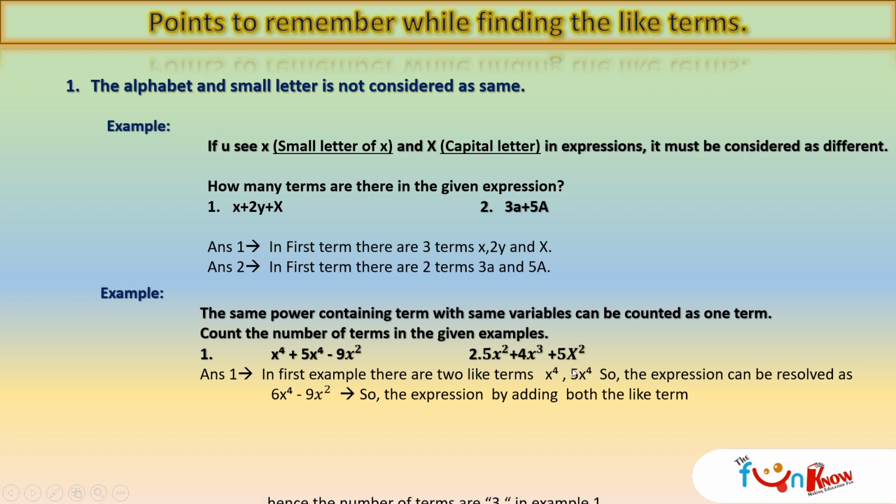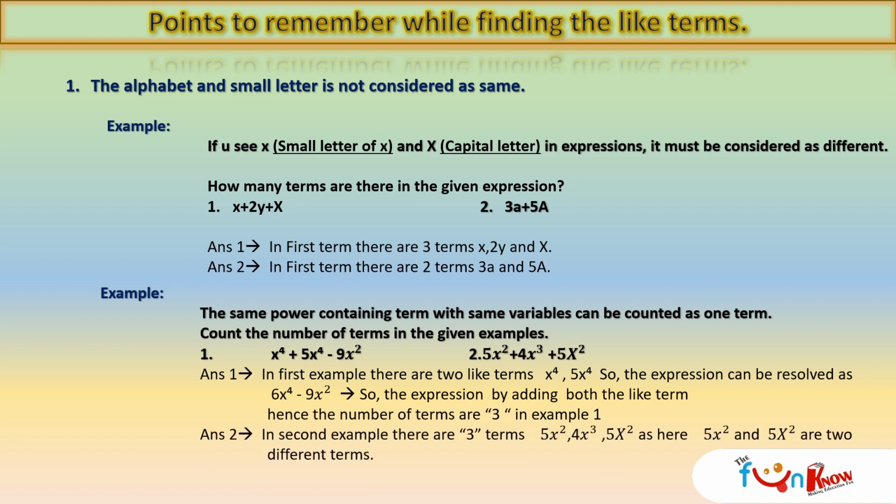So you can say here three terms are there. X square and X square, even though they have the same power, because small x and capital X are different, will be considered as two different terms. Okay.